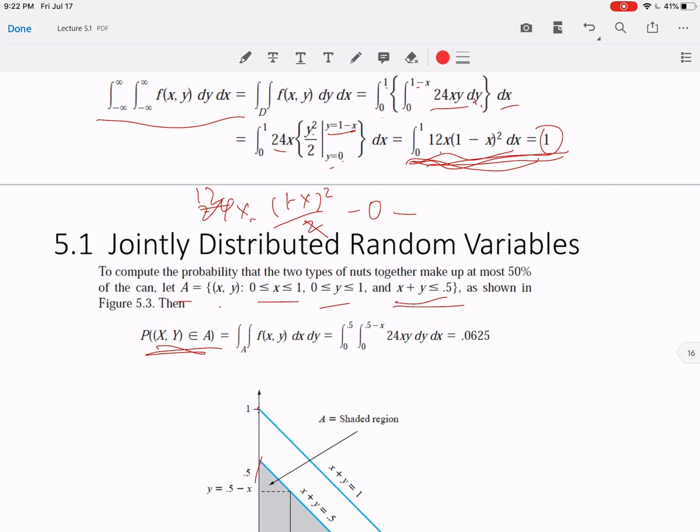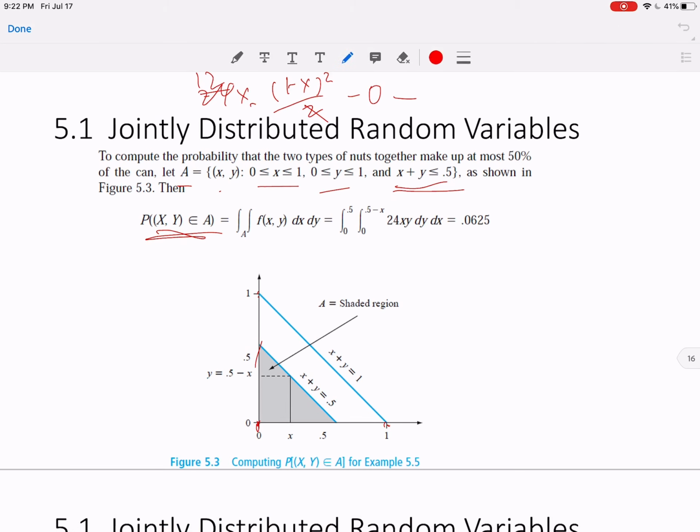If you want to graph the region bounded by this inequality, we want to graph the straight line x plus y equals 0.5 first. This is equivalent to y equals negative x plus 0.5, right? If we want to graph this straight line, when x is equal to 0, y is 0.5, and when x is 0.5, y is 0.